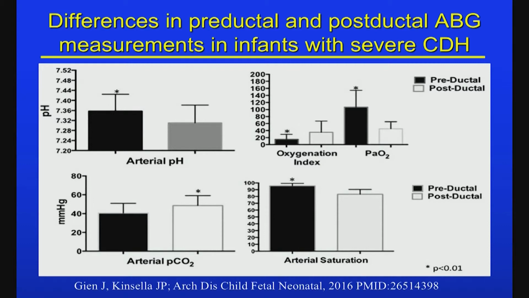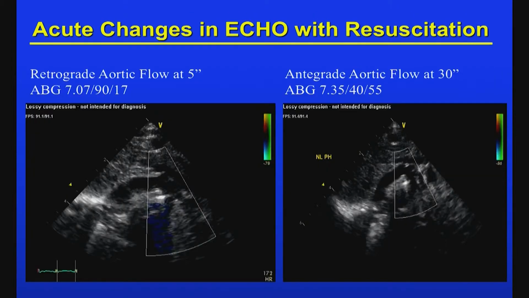In other words, if we're making decisions for intervention based on a postductal sample, we might be looking at the worst case scenario. Maybe we could reduce some of our support if we're using preductal samples showing a more normal PO2 and PCO2.